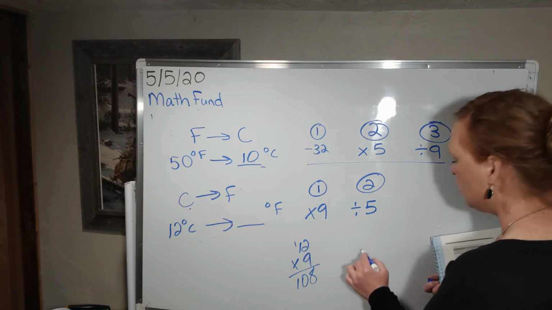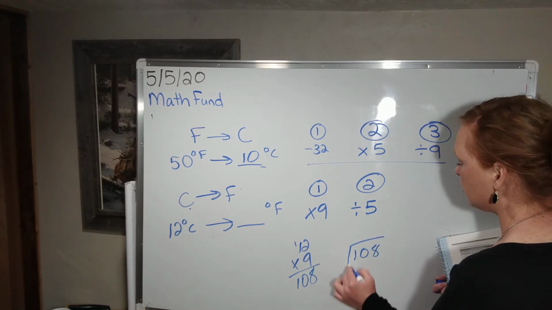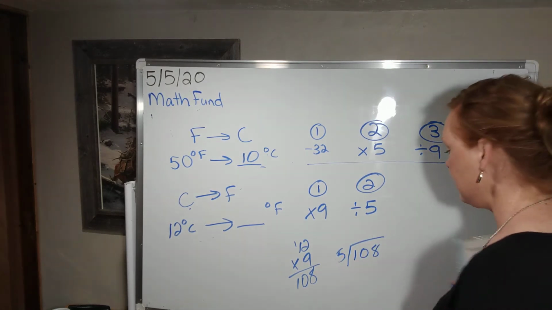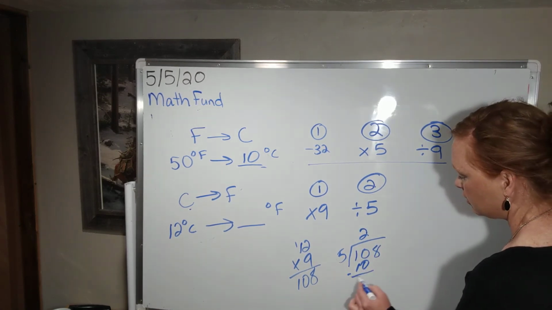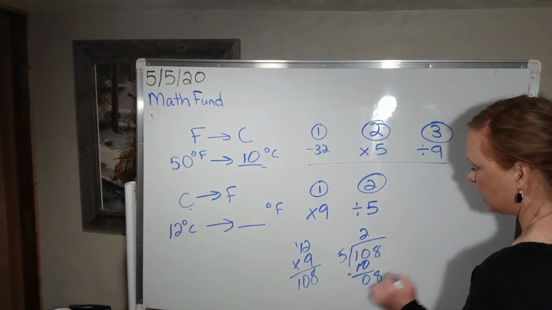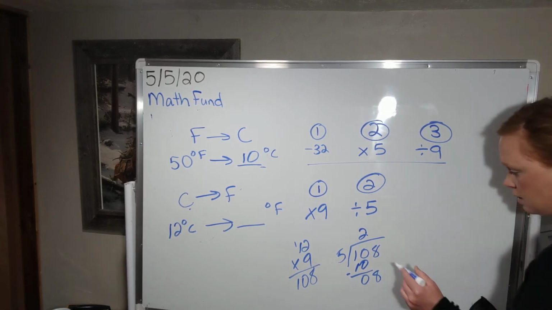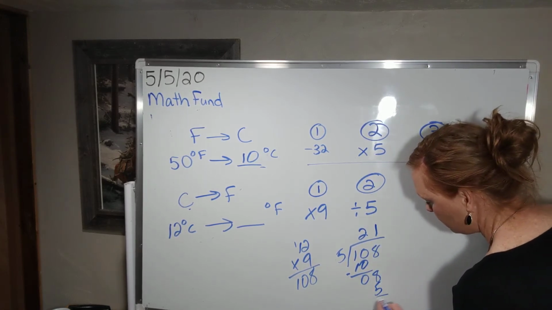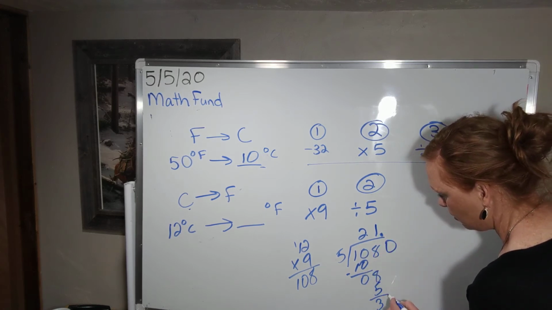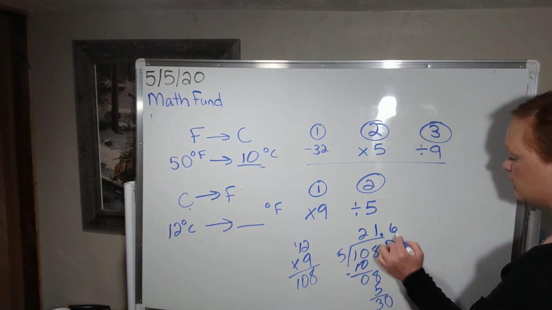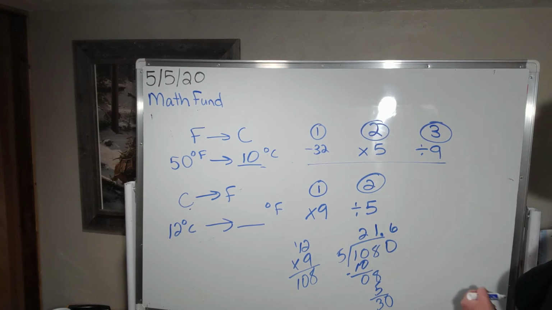Divide by 5. So 108 divided by 5: 5 will go into 10 two times. 5 will go into 8 one time with 3 left over. We need to add a decimal and annex a 0, bring it down. 5 will go into 30 six times, so 21.6.